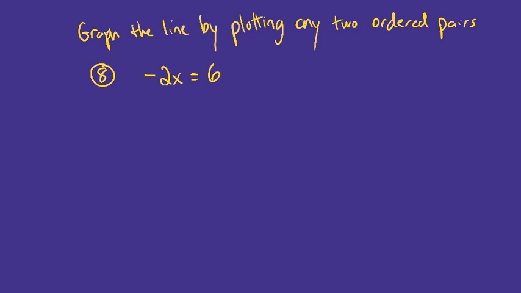Okay, and the last one, similar to number 7, you want to notice there's no y in the equation. So same as when there was no x. Here, y doesn't matter. So when we finish this, we're looking for any two ordered pairs.